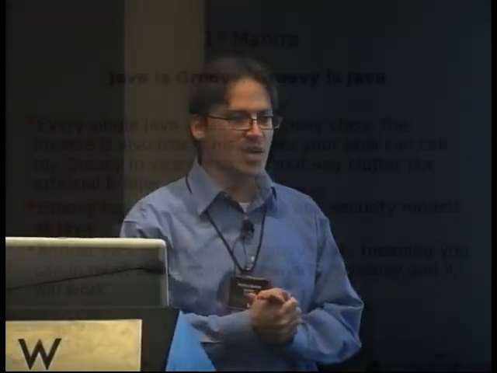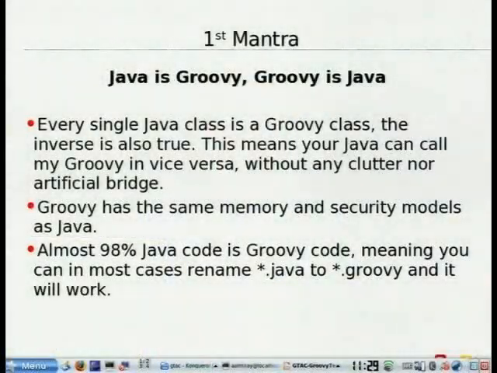So the first thing you have to take into account when working with Java and Groovy, this is the first mantra: Java is Groovy, and Groovy is Java. So what does this mean? It means that every single Java class is also a Groovy class. And every single Groovy class is also a Java class.